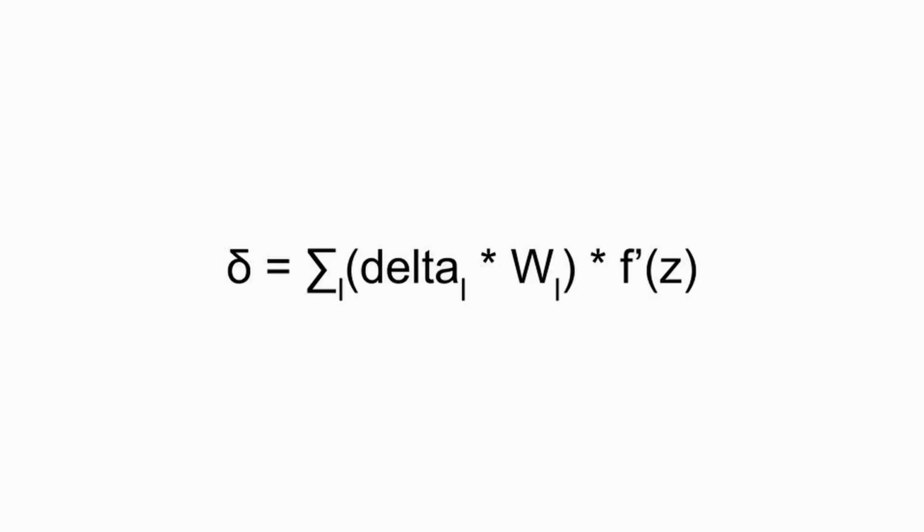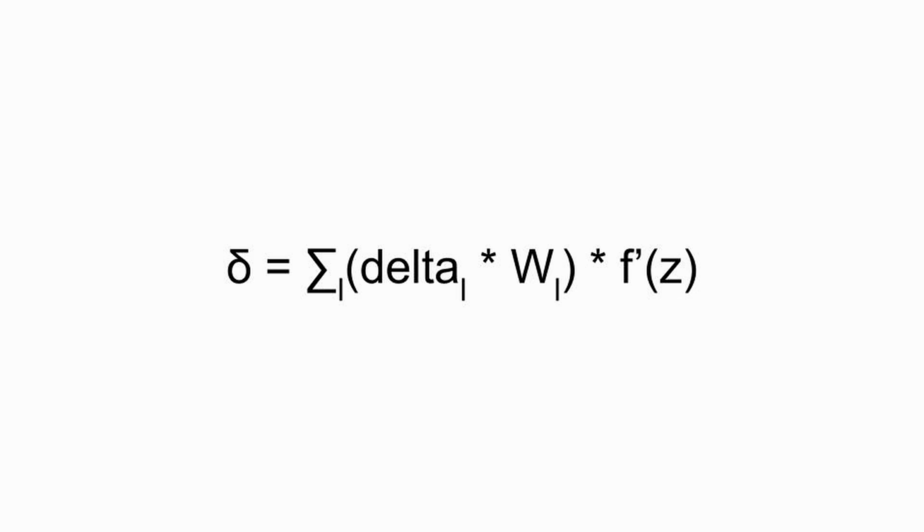The difference for hidden layers lies in the formula used to calculate the delta error. It's the sum of all errors from the next layer, weighted by the connection weights between these neurons and the neuron for which we are trying to calculate the error.